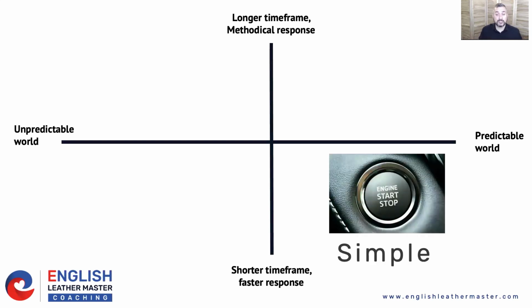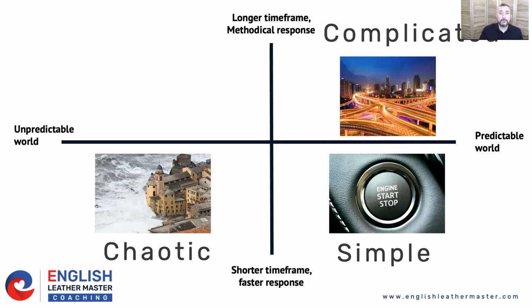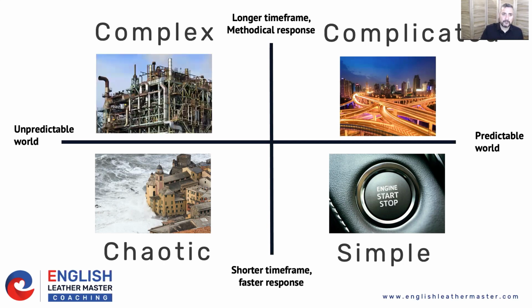So the 4 quadrants are named simple, if it's fast and predictable; chaotic, if it's fast and you have no idea what's going on, unpredictable; complicated, if it's predictable, but you can take time to do something about it; and complex, if it's unpredictable and you've got a long time to deal with it.